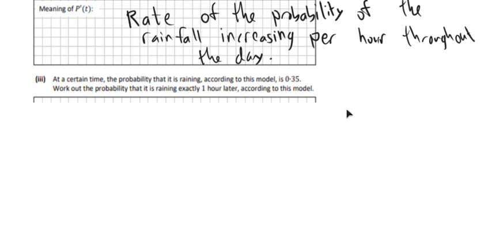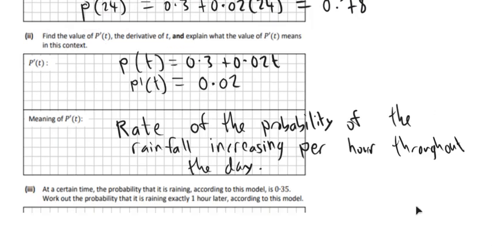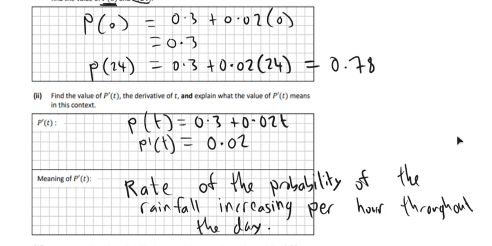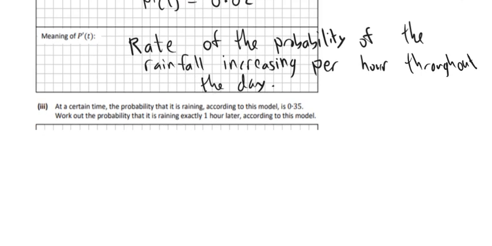At a certain time, the probability that it's raining according to this model is 0.35. Work out the probability that it is raining exactly 1 hour later according to this model. Right, so for this one, they're basically giving us the answer to that 0.3 plus 0.02t.